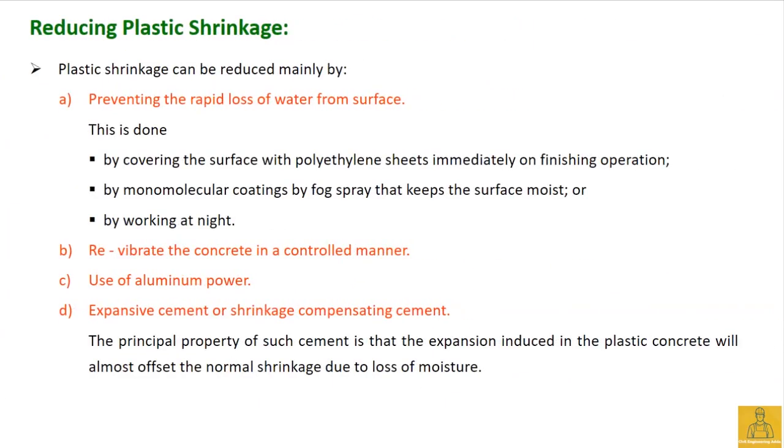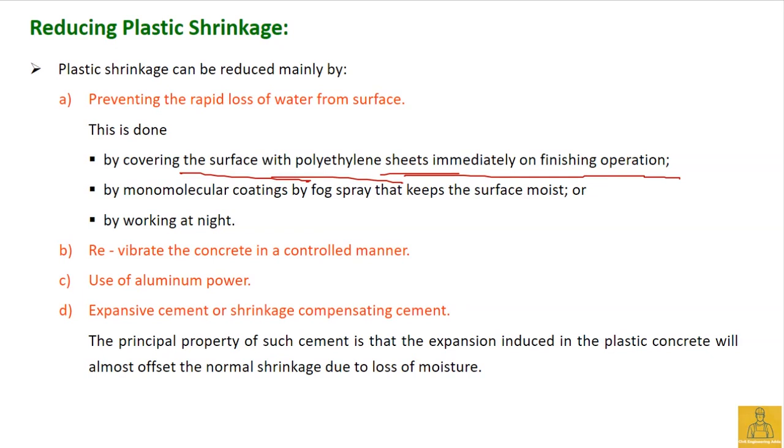Now, how are we going to reduce the plastic shrinkage? We have seen earlier what are the factors influencing the plastic shrinkage. So let us see this. Preventing the rapid loss of water from the surface can be done by covering the surface with polythene sheets immediately after the finishing operation.